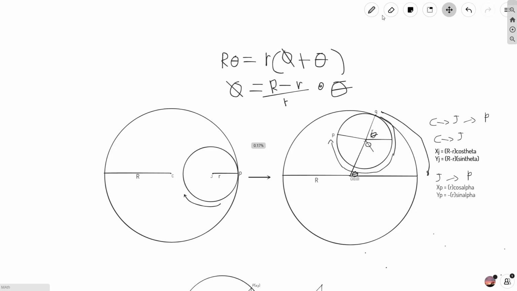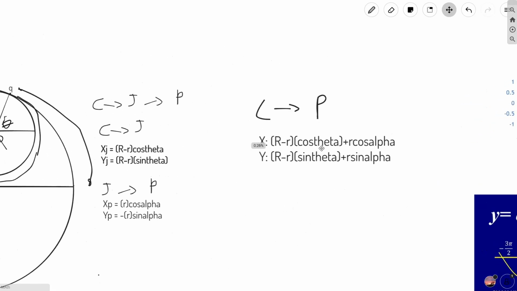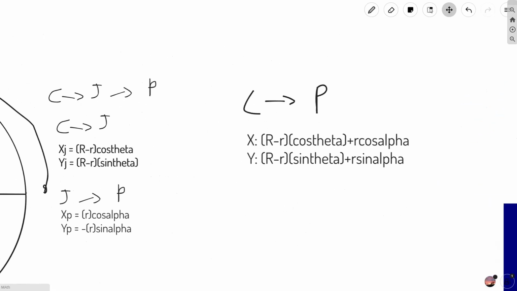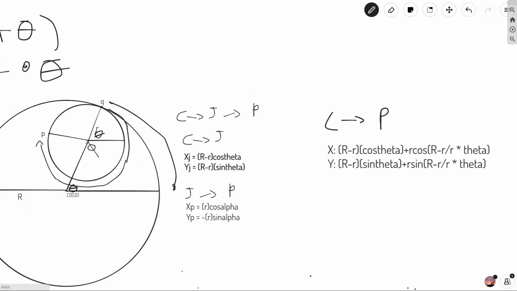So we have an even simplified version now, and we can now represent our general coordinates as such. So instead of this, we can write it as r cosine of (R minus r) by r times theta. The same goes for the y coordinates.